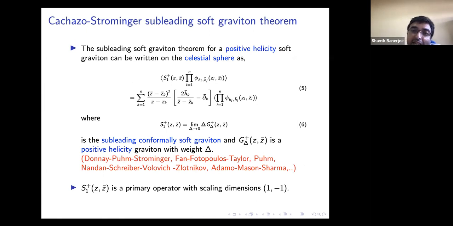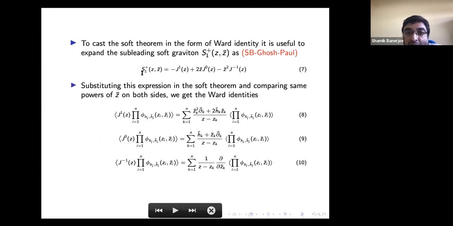But in order to know more about this, what one can do is expand this subleading conformally soft graviton, this S1 plus ZZ bar, in this particular way.